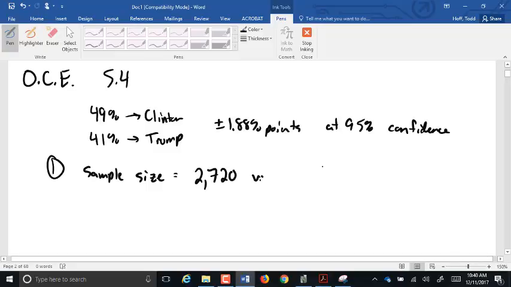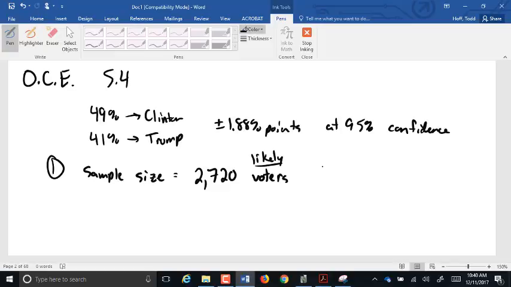Perfect. 2,720 voters. And actually the term likely voters, because some of them may have had something come up and didn't actually vote. Some people that said they weren't going to vote may have actually made it to the polls and voted. So that's our sample size.